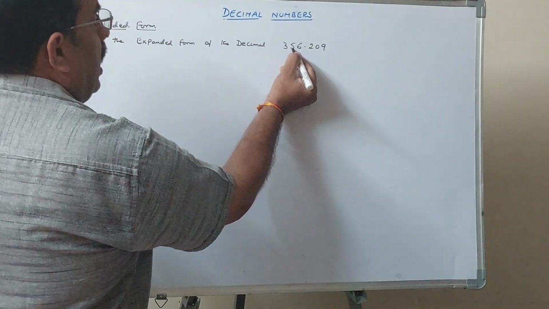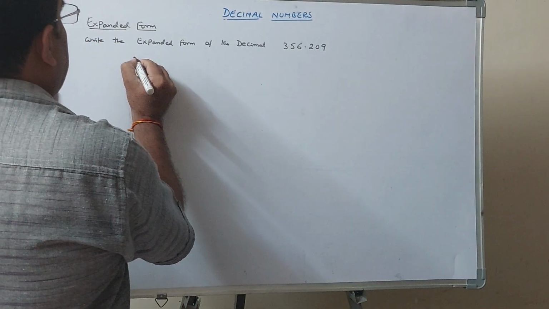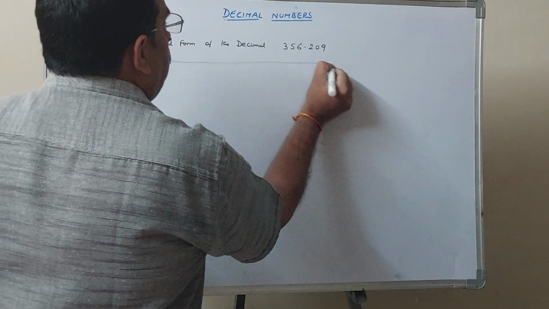So ones, tens, hundreds. So you see here the table.